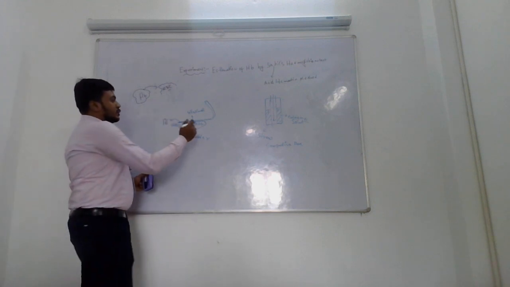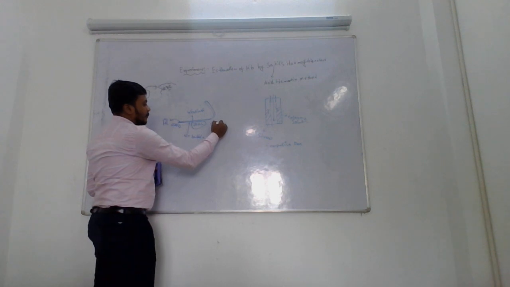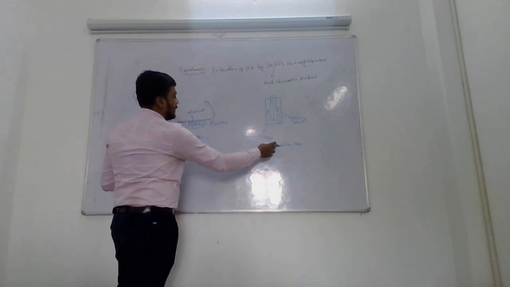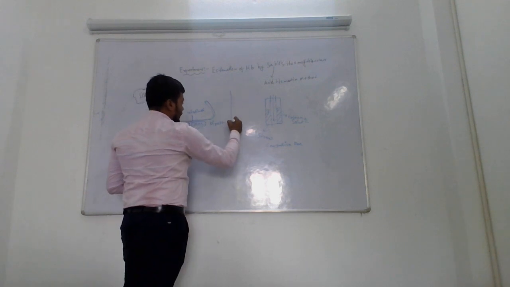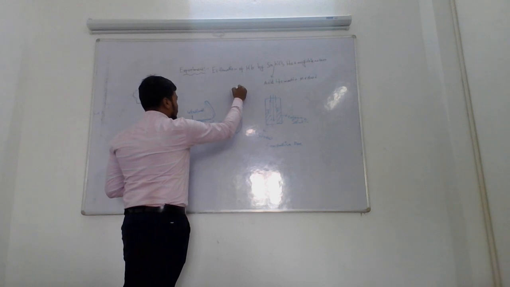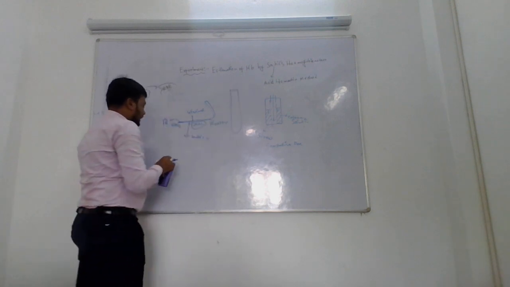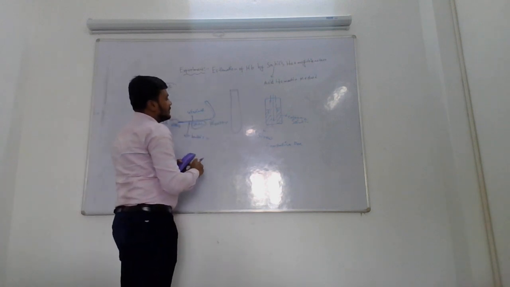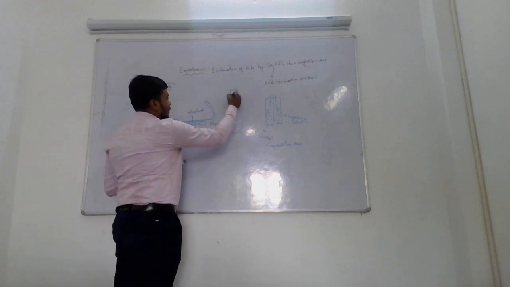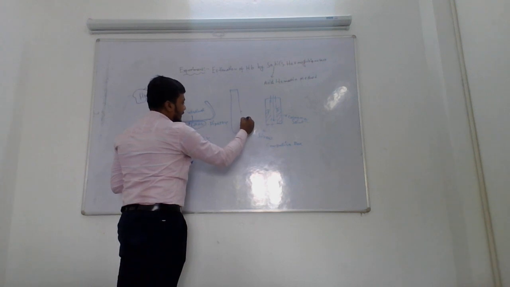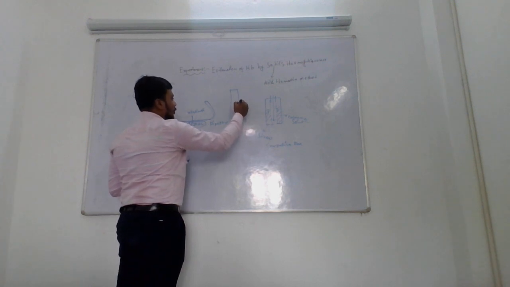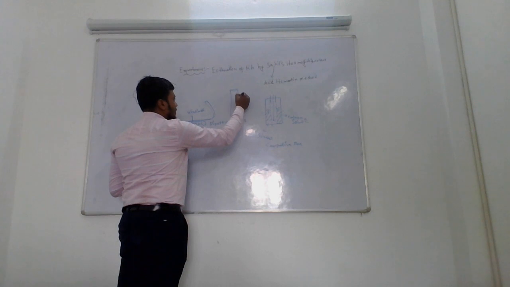So this one is the pipette and this one is the comparator box, and we also have the hemoglobinometer tube. In that tube we generally have two markings. The first marking starts from 2, 4, 6, 8 up to 10.